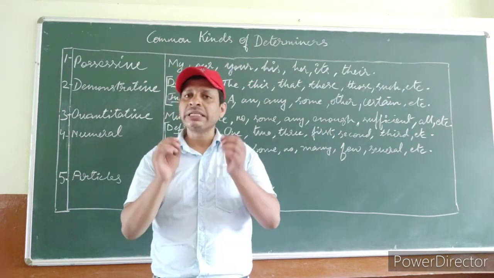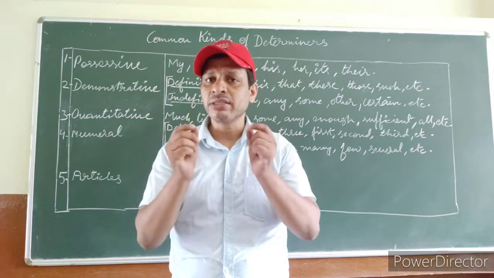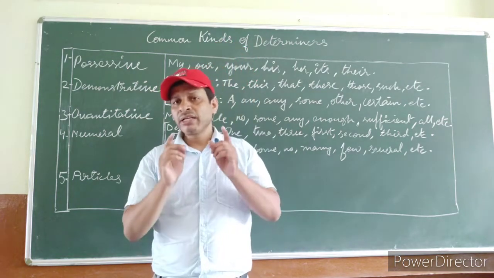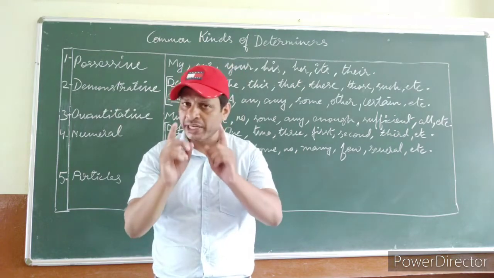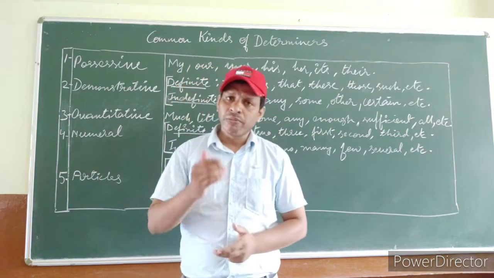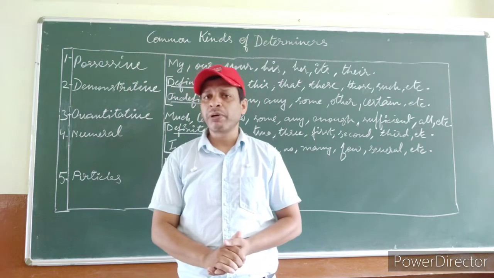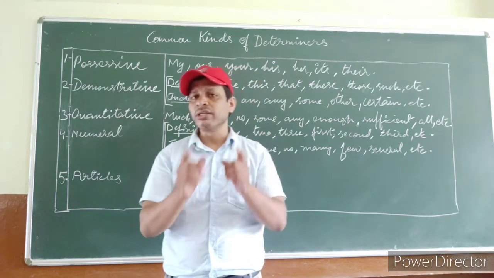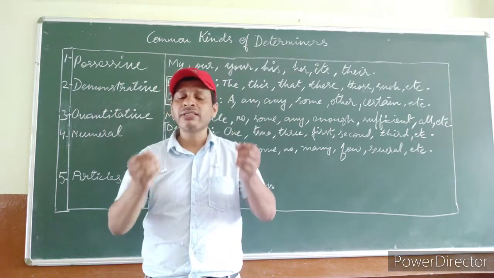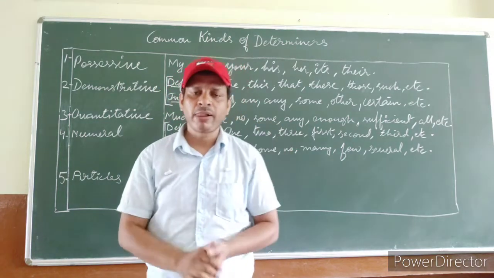And now comes the definite article, that is the. Article the is used in the following cases. Now listen to this very attentively. Before a noun, if you want to particularize that noun, for example, she is the girl who always comes first.